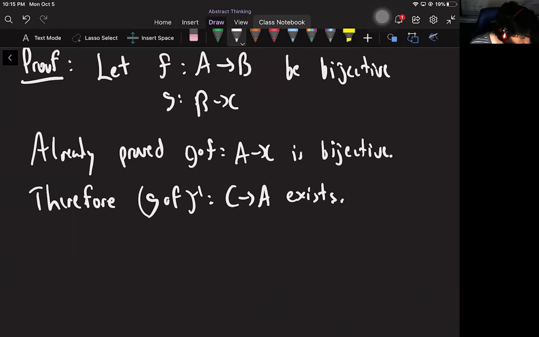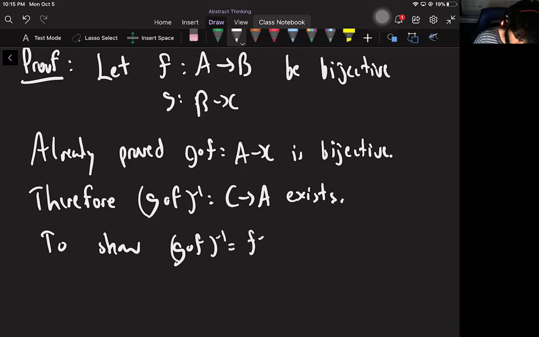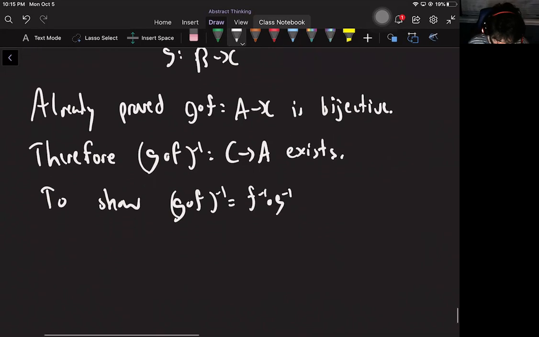Okay. So now let's show this. To show two functions are equal just means that you have to show that they do the same thing when you plug in the same elements. And you have to do this arbitrarily. So that means I have to let something be in the domain.